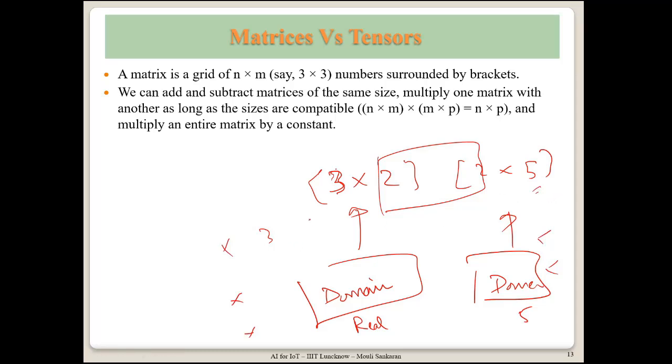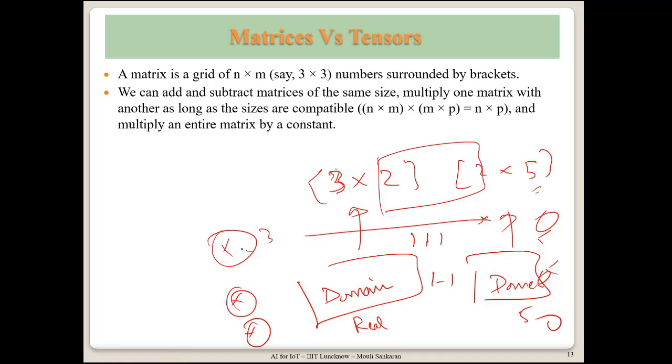So a matrix is nothing but a mapping from every data element in one domain to another domain. Okay, there is a mapping between this and this. This is a one relationship, meaning a particular data element will have a mapping to only one element in the other domain. It cannot be mapped to 2 elements. Every data element that you have here will be mapped to one element in this domain. So that's about matrix.